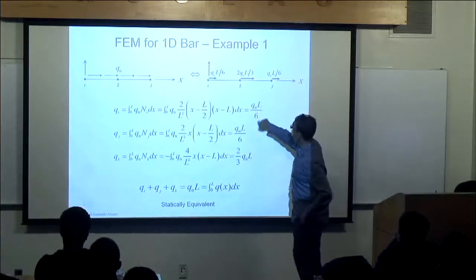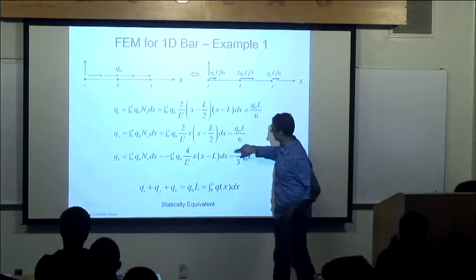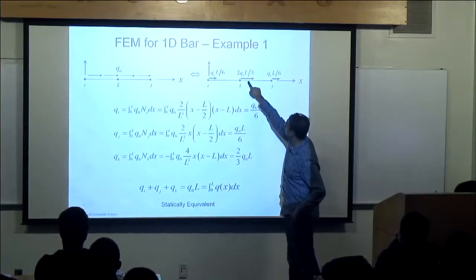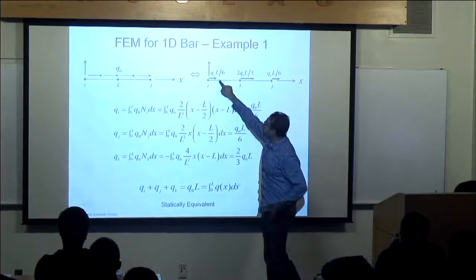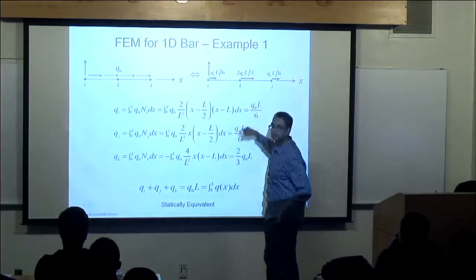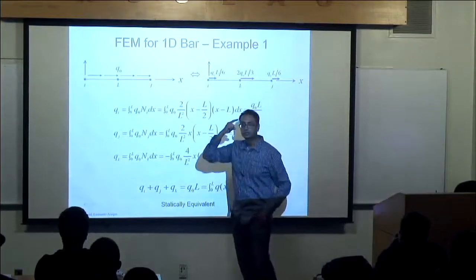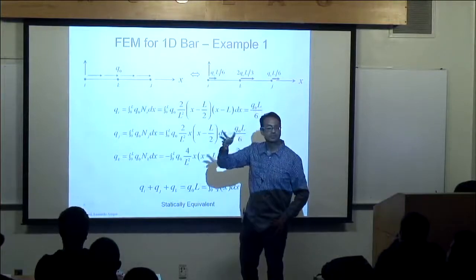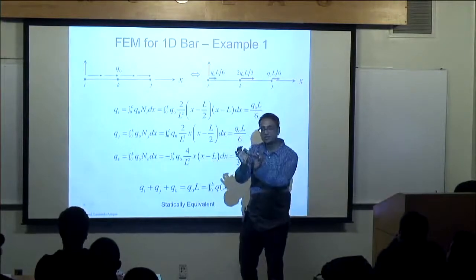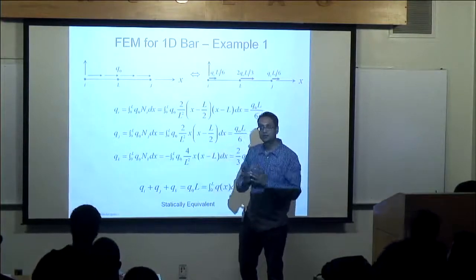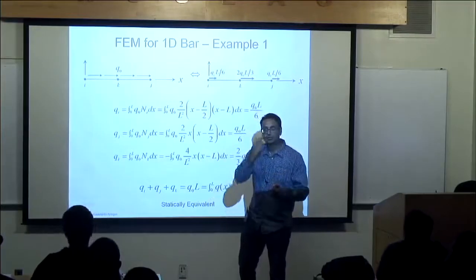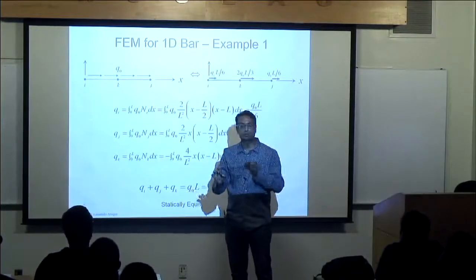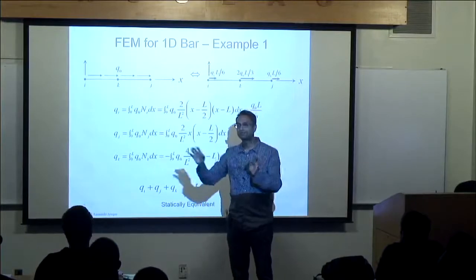If I were to plot this here, this one goes there, and this one goes there. Anybody guess what is the addition of these three? Add it up really quickly. Q naught times L. Isn't that what I should get for the total distributed force? It's working. But the cool thing is that finite elements told you how much to put in each node.